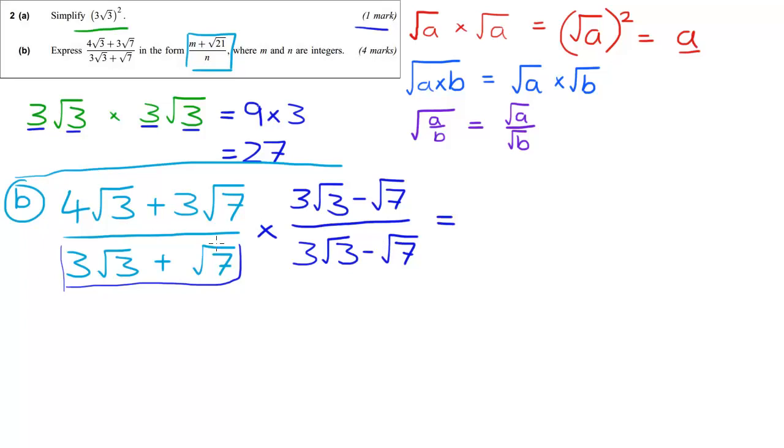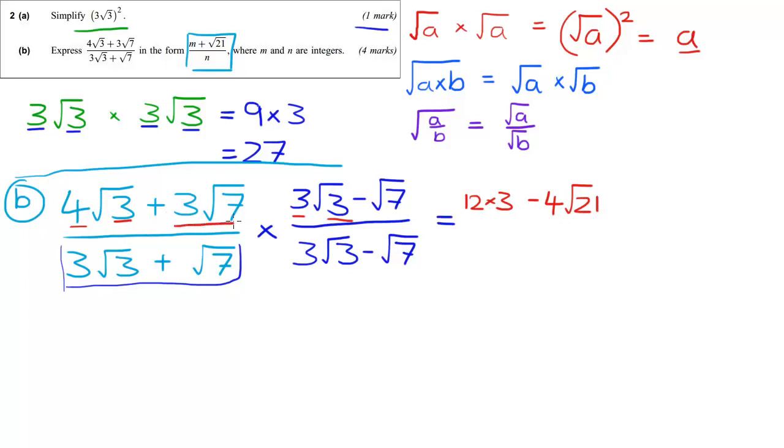So 4 times 3 is going to be 12, and root 3 times root 3 is going to be 3. So we get 12 times 3 in there. Then 4 root 3 times minus root 7. So we're going to get a minus 4, and then the roots, 7 times 3 is going to be root 21.